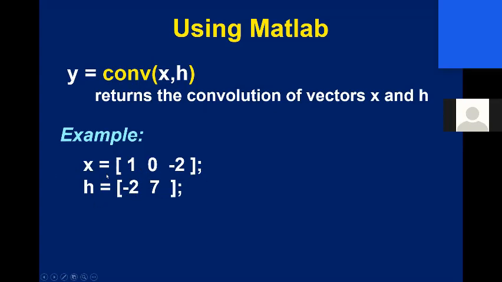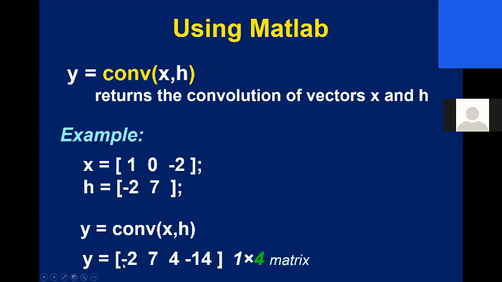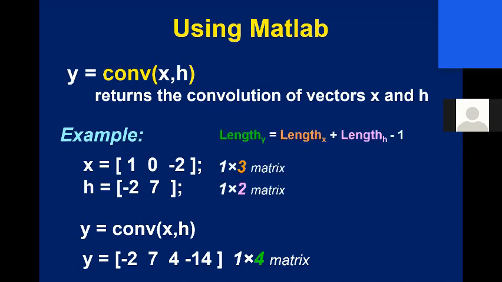So we define those arrays in MATLAB, tell it to convolve those and set that equal to y. It would say, okay, y now has values of -2, 7, 4, -14, which is what we came up with doing that by hand. And notice we had 1, 2, 3, 4, 5 samples going in. So we get 1, 2, 3, 4 samples coming out due to the lengths.